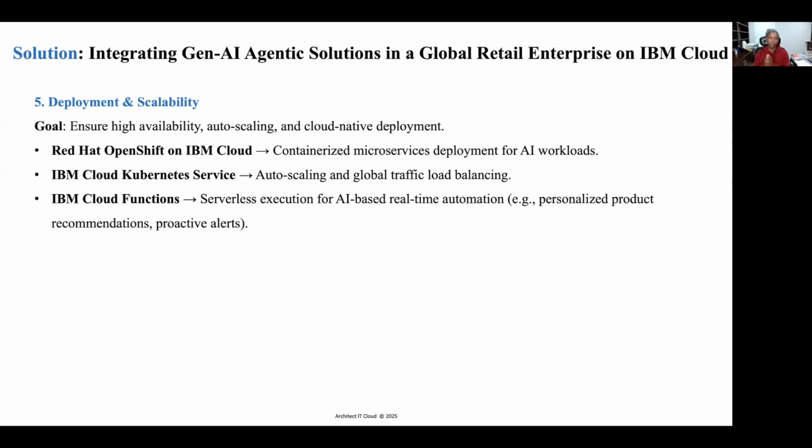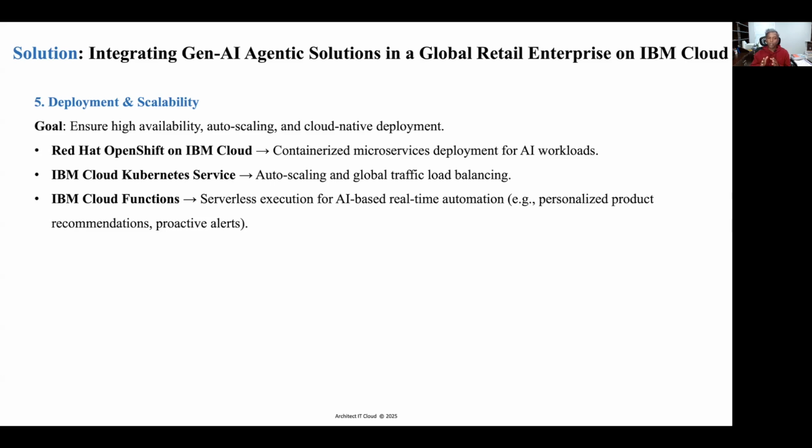So the Red Hat OpenShift hybrid cloud platform will provide you a single pane of glass to monitor all these services across all the environments. And when it comes to auto scaling and global traffic load balancing, you must adopt this particular service, IBM Cloud Kubernetes Service, so that you can easily auto scale applications according to the load.